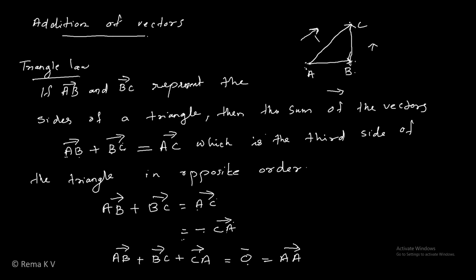And if we consider this also in the same direction, taken in order, that is AB plus BC plus CA, then the net displacement is 0, which is denoted by the zero vector, or it is AA. Both the initial point and the terminal point are same. Is it clear?